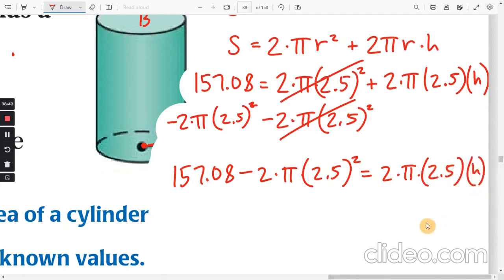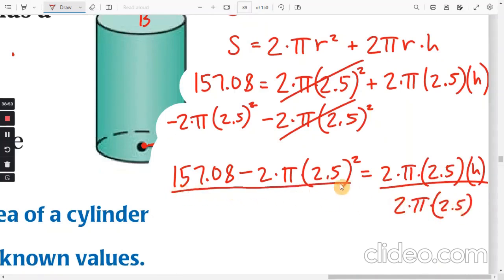Okay, and solving for h, we're going to divide both sides by 2 times pi times 2.5. This whole thing. 2 times pi times 2.5. All right, if you don't want to do this and you get actual numbers here, it's probably okay. It's more accurate like this. So this cancels here, and this mess right here is h. I'm going to do it on the calculator.